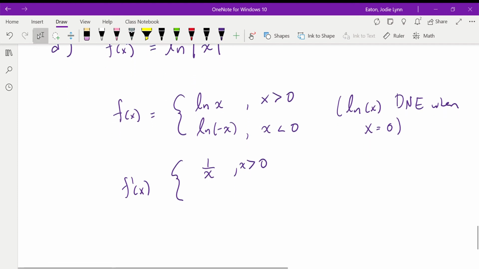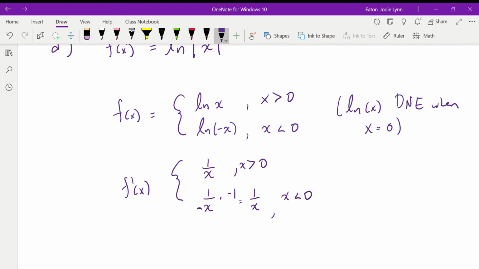What about when it's ln of negative x? Well, we are going to get 1 over negative x because that's what our inner function is. Then we're going to be using the chain rule to multiply by negative 1. And this is actually also equal to 1 over x, for x less than 0.